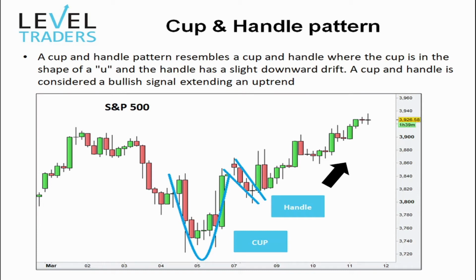There is a way to work out a potential target on this. So the breakout can be estimated by measuring the distance from the right peak of the cup to the bottom of the cup, i.e. the depth really. Now as I've said before, this isn't a great example of a cup and handle because it's more of a V shape rather than U shape, so we're not going to look at the target on this one.